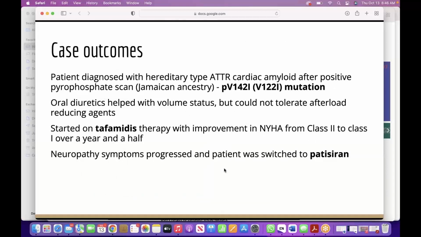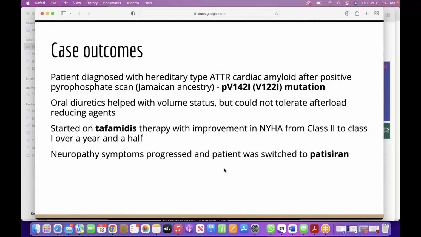So going back to this case, this was a more interesting case because this gentleman did go for genotyping, and he did test positive for a very common mutation, the V142I mutation causing hereditary transthyretin amyloidosis.